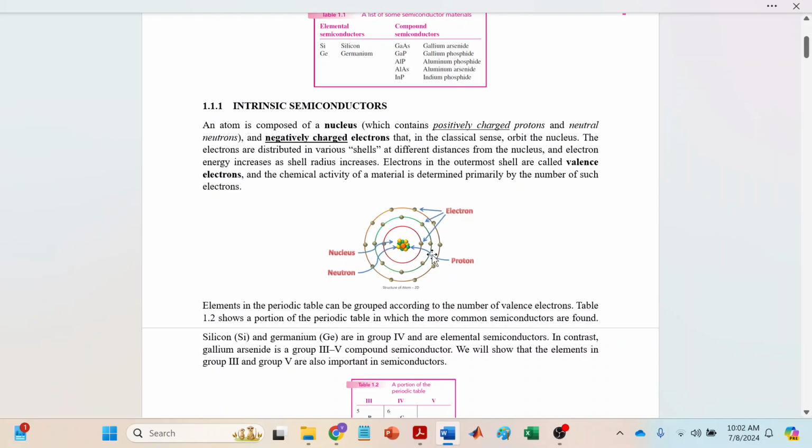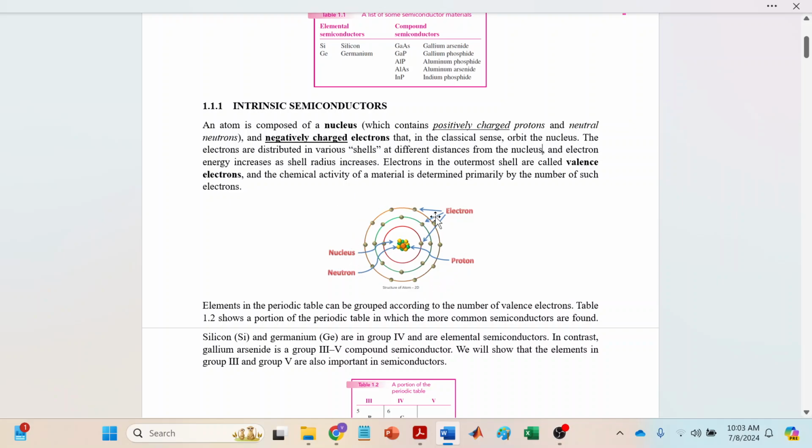The innermost shell has two electrons. The second shell has eight, and the next one has eight electrons. Depending on the type of the atom in the periodic table, we'll know the number of electrons that exist in the outermost shell of the atom.